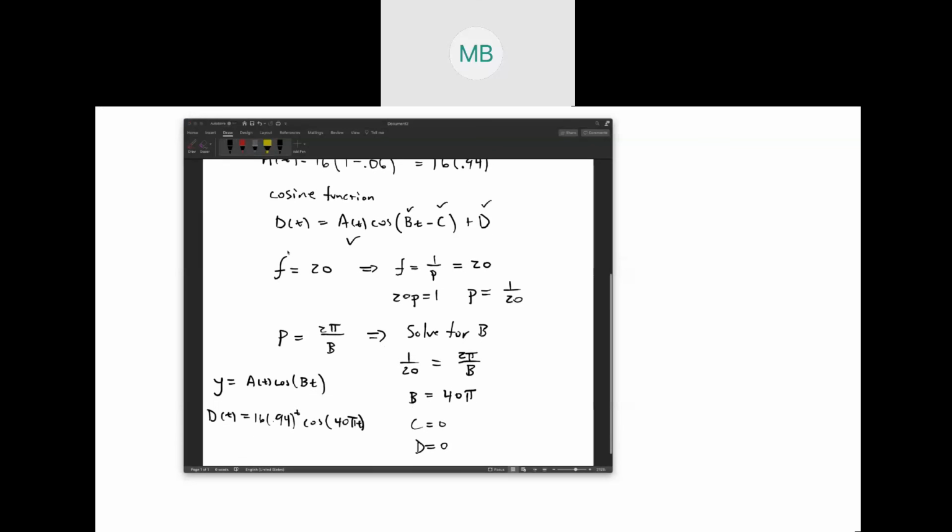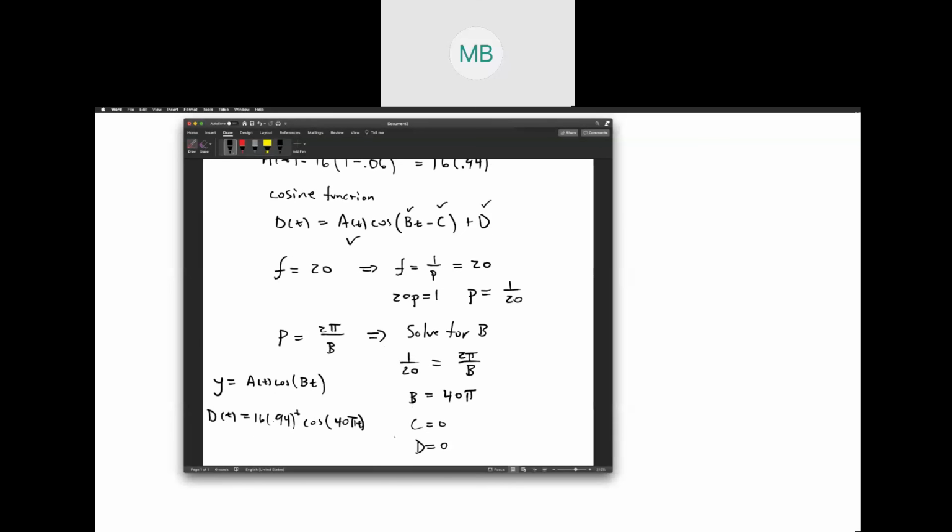Now since d of t is a distance, we know that a of t will be a positive value. So in other words, because this is a distance function, the minimum value it could be is 0.